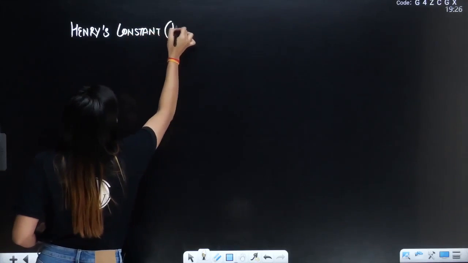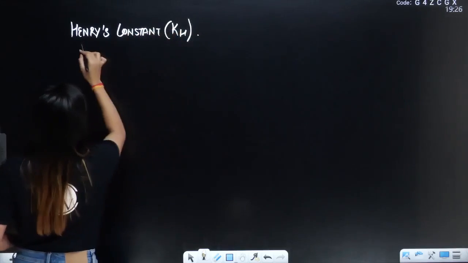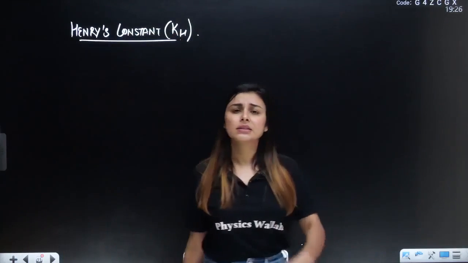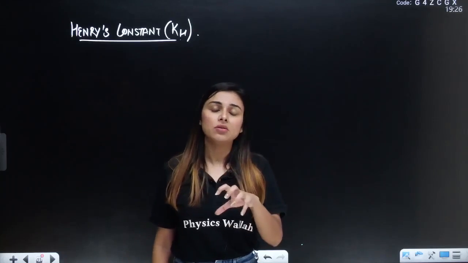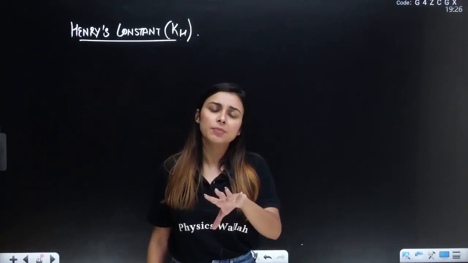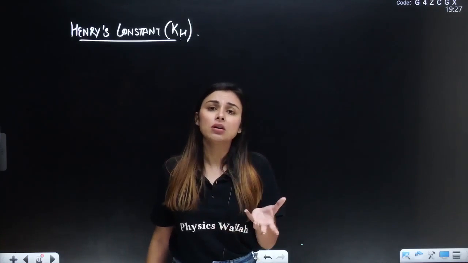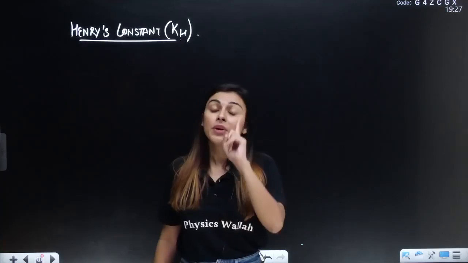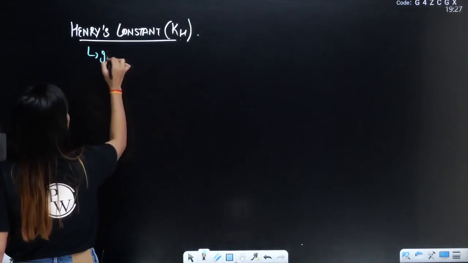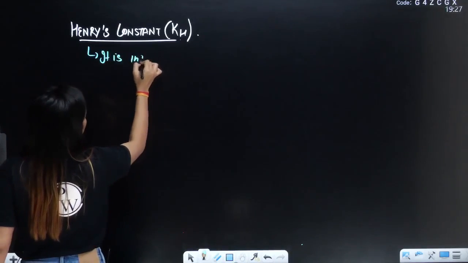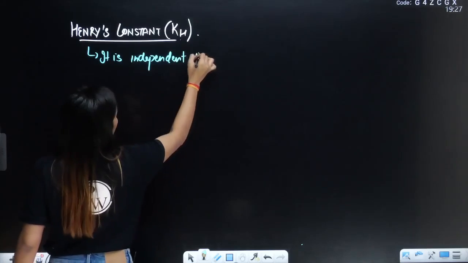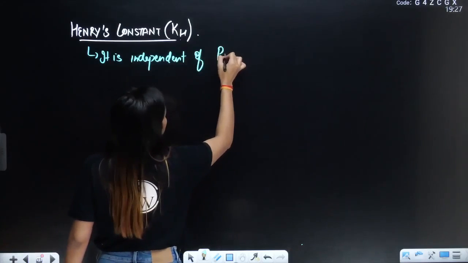which is KH. Now the first thing we need to understand is on what factors your Henry's constant depends. Does it depend on the pressure applied? Does it depend on the solubility? No, because it is a proportionality constant. So we can say that it is independent of P of gas.